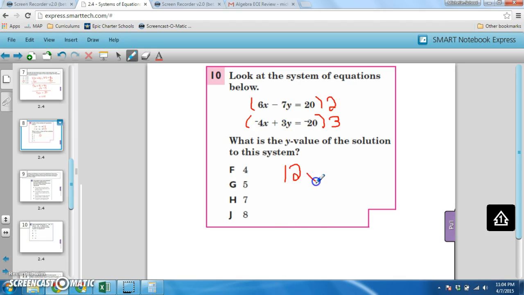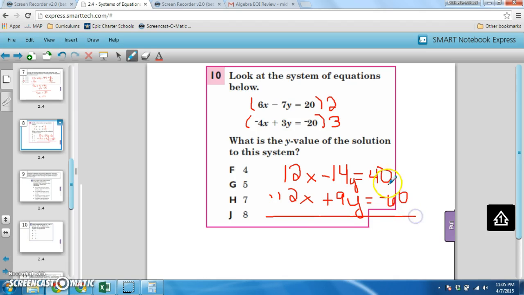So 12x minus 14y equals 40 will be the new top equation, because remember, you need to take that 2 and distribute it into everything inside. Okay, and then on the bottom, you're going to have negative 12x plus 9y equals negative 60.